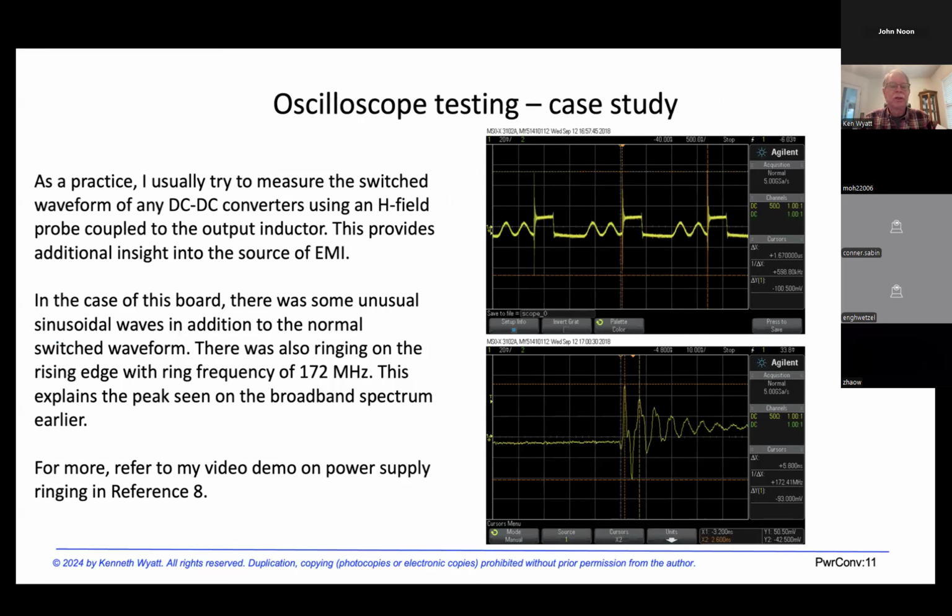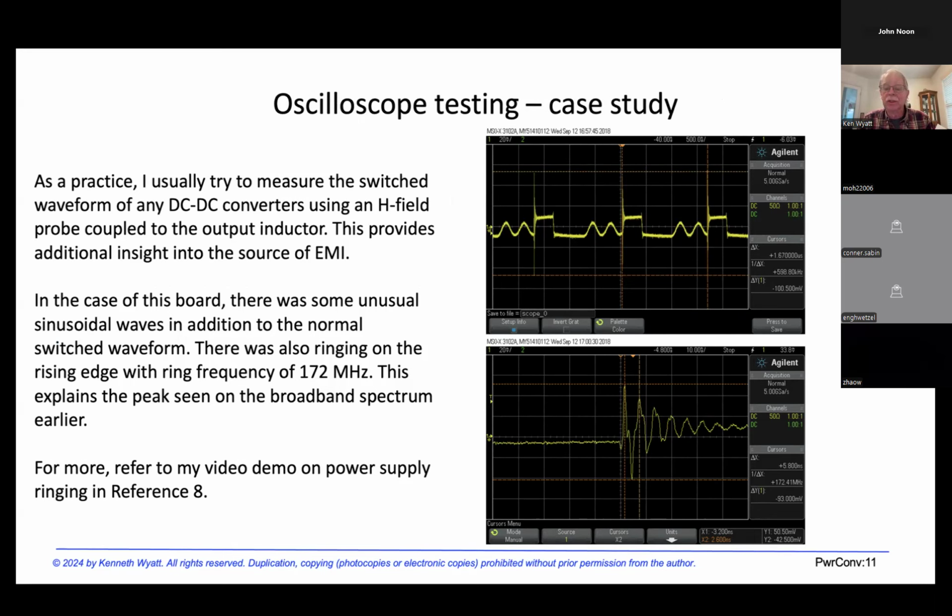It turns out that many DC to DC converters have ringing, and that's something you can see on the oscilloscope. In the upper picture, you can see maybe a typical switching waveform.